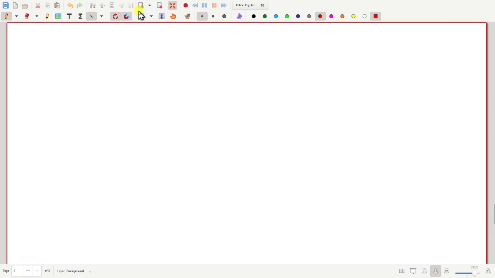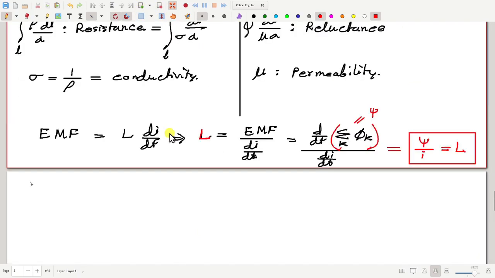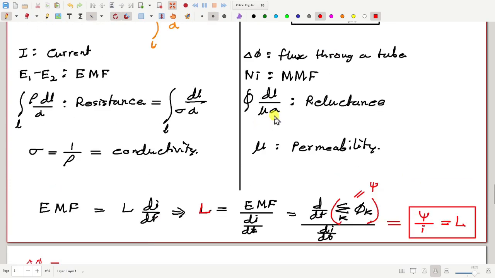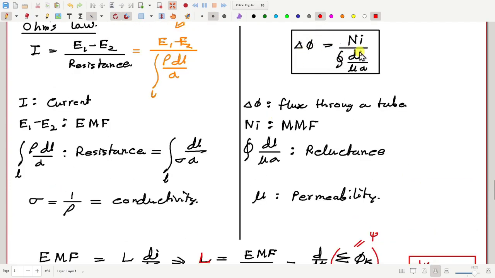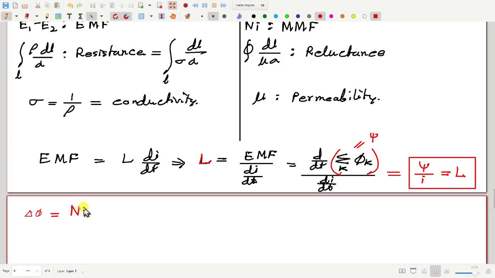We saw how to calculate delta phi. So delta phi was equal to, as we have calculated here, Ni divided by the reluctance of the tube. And now if we add delta phi plus delta phi 2 plus dot dot dot for all the possible paths, we will get the total flux.